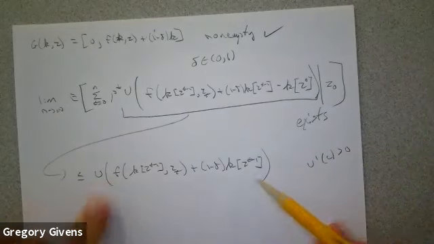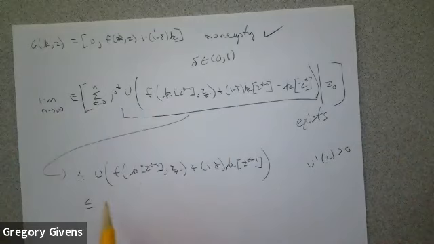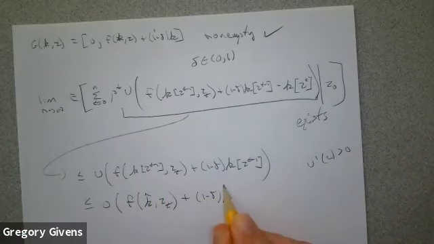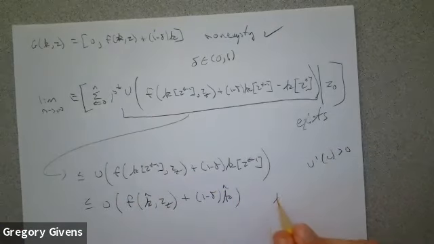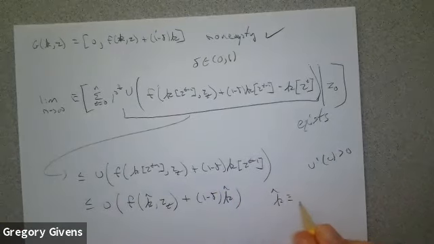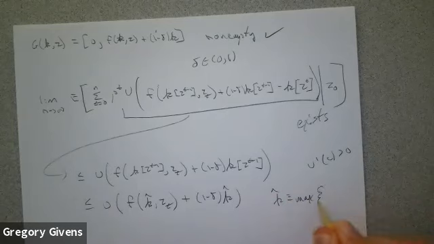But this can be bounded above by recognizing that the highest sustainable value of k is given by some, let's call it k hat, where k hat is defined as the maximum of this k bar and k0 that we talked about earlier.